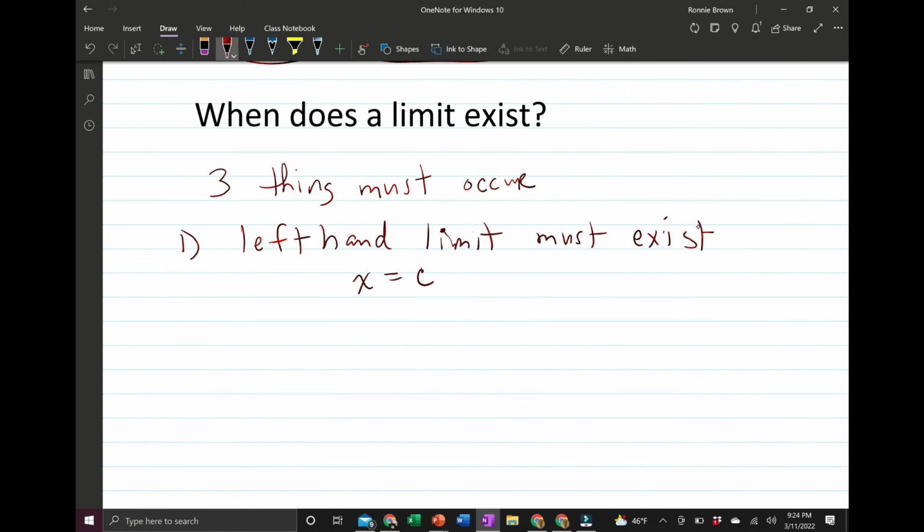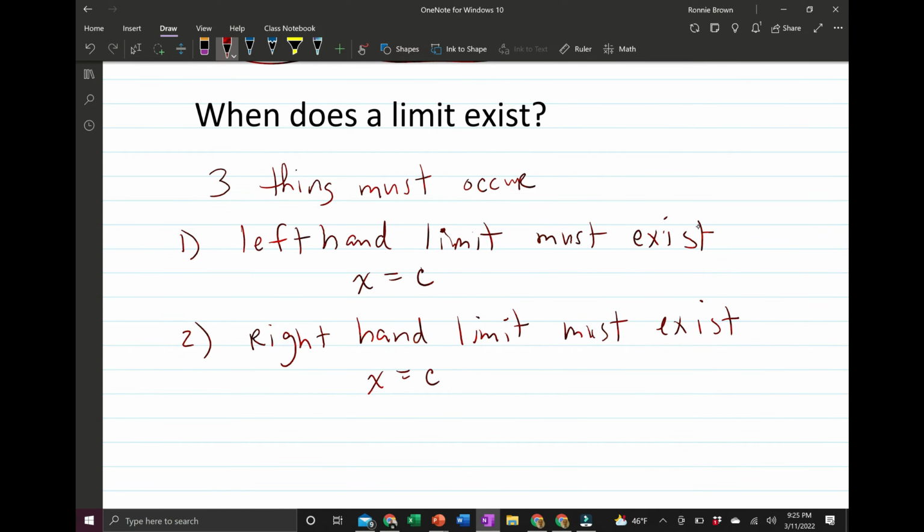Then in a similar way, the right-hand limit must also exist at x equals c. So they both must exist at x equals c.